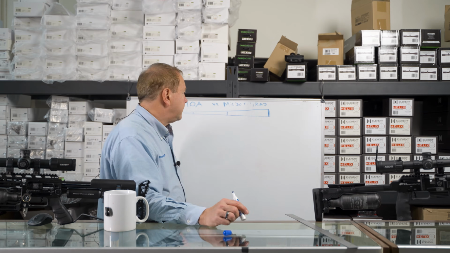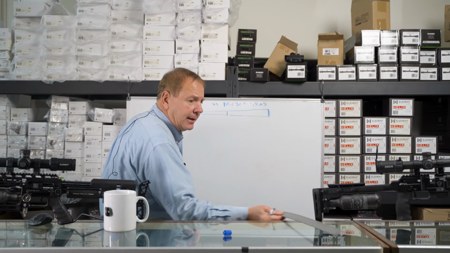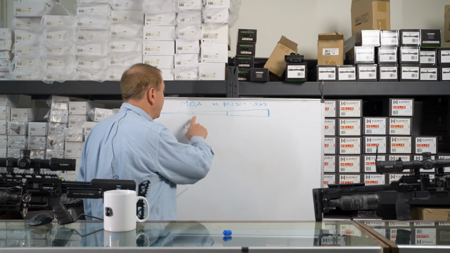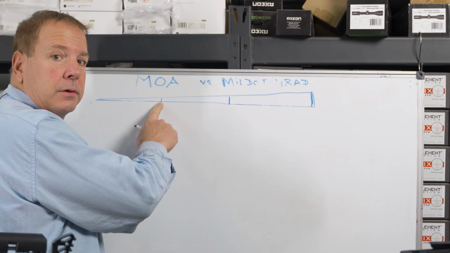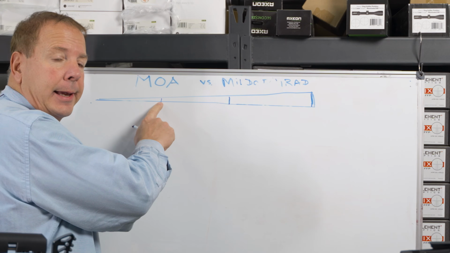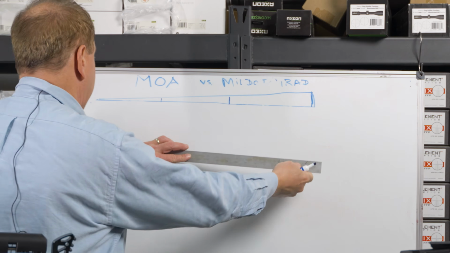Now, think about it. This isn't hard, but you've heard of a millimeter, okay? That's 1 in 1,000. Milli means 1 in 1,000. Well, that's exactly what an MRAD, or a millirad, is. We're going to show you there. Now, instead of 1 inch at 100 yards for the MOA, we're going to go out to 1,000 yards.